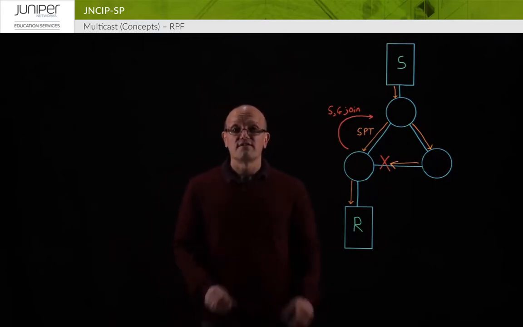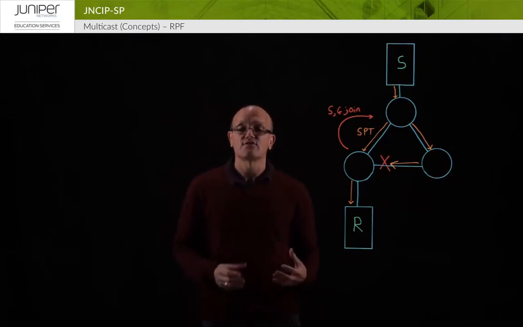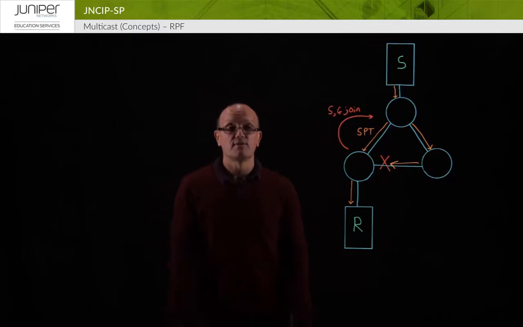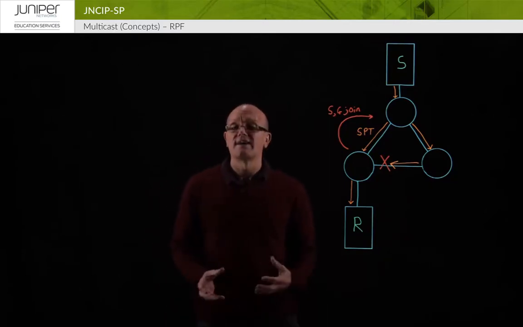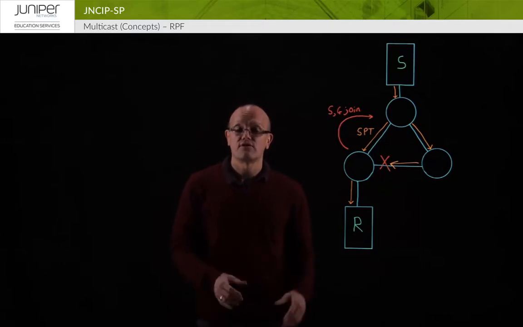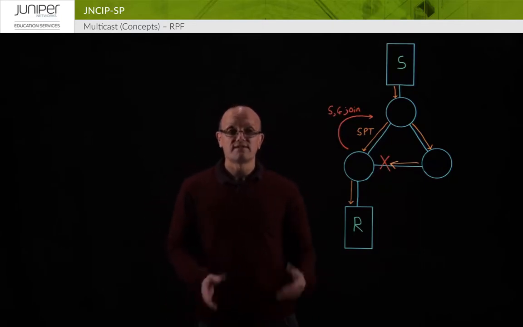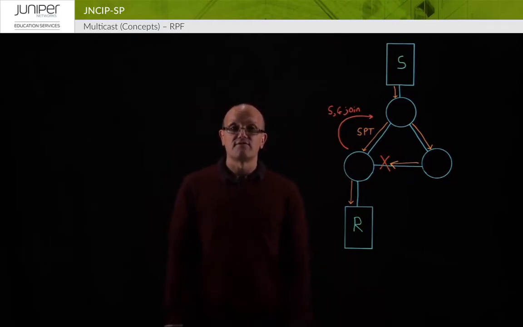And on Juniper devices, if we were to do this, the table we would use is inet.2. And we would need to populate this table. Generally, we would take most routes from inet.0 and we would copy them across using RIB groups. But we can also populate that routing table completely separately from inet.0.